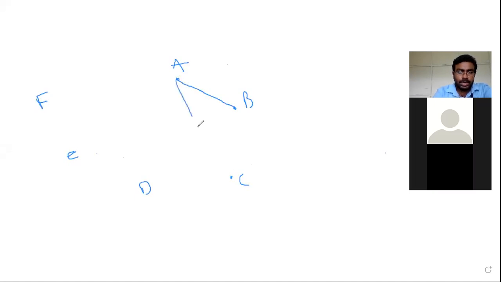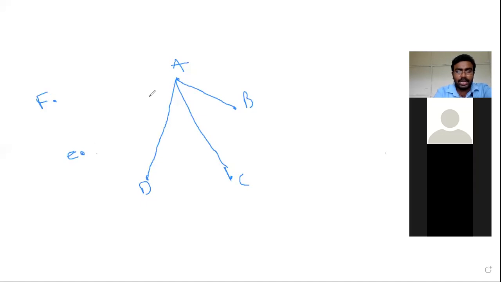Yes, sir. So I'm joining A and C. Then, can I join A and D, whether they are compatible? Yes, sir. Then, can I join AE? No, sir, not compatible. Can I join AF? No, sir. So A is completely over, students.